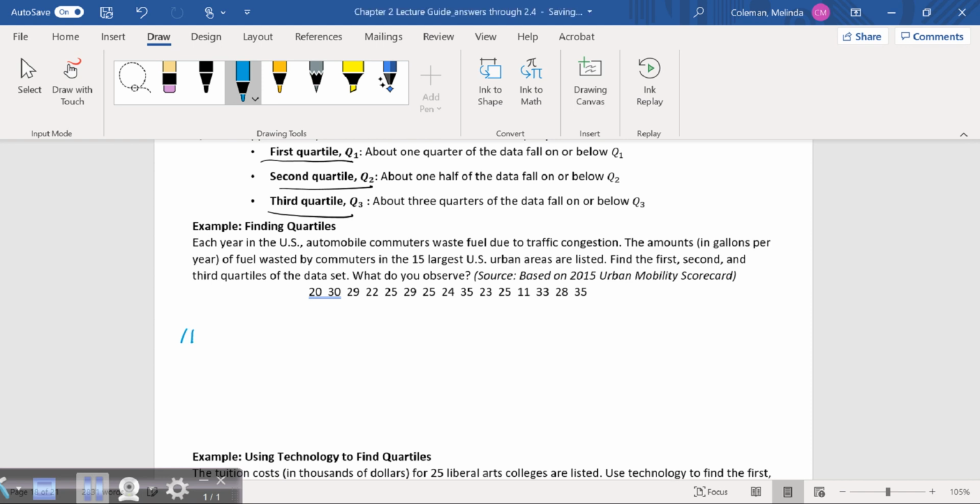So we have 11, and then we have 20, and then 22, and then 23, and then 24, 25 appears 3 times.